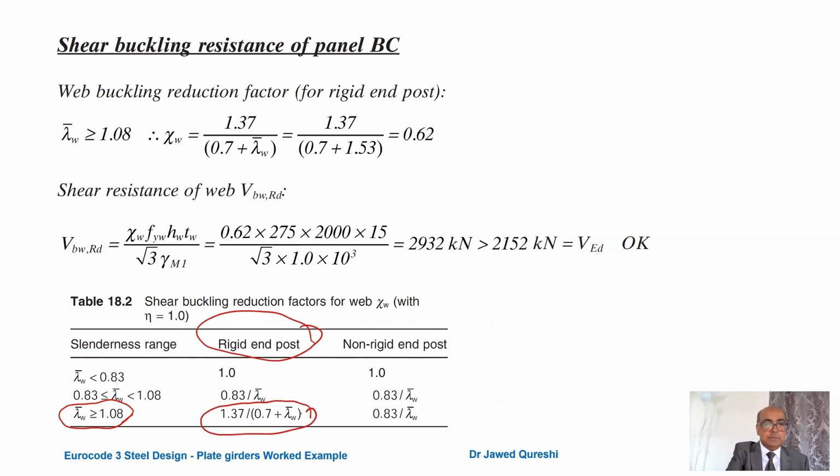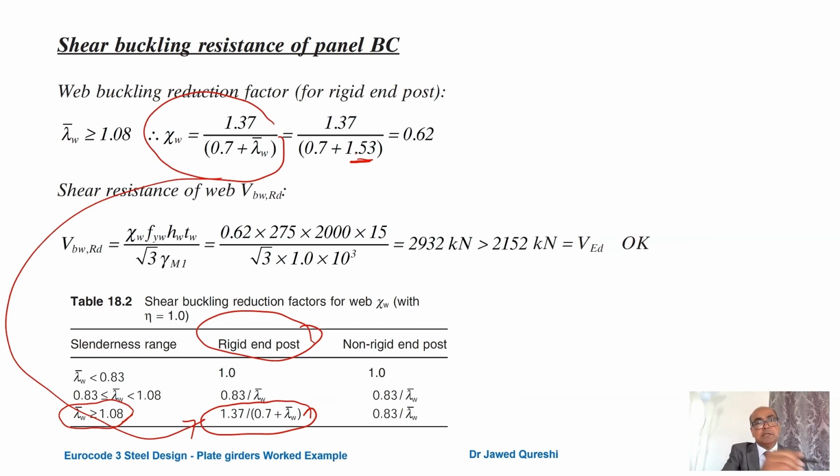It means that we will be using this formula, chi W equals 1.37 divided by 0.7 plus lambda dash W, which comes from here. If we put in these values, the only variable being lambda dash W, we get chi W as 0.62. If we put this reduction factor value here, with other values remaining the same, we get 2932 kilonewton, which is greater than the 2152 required for this panel.